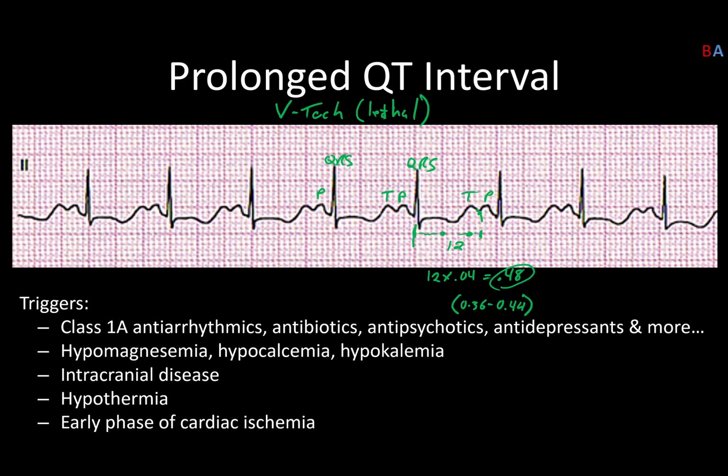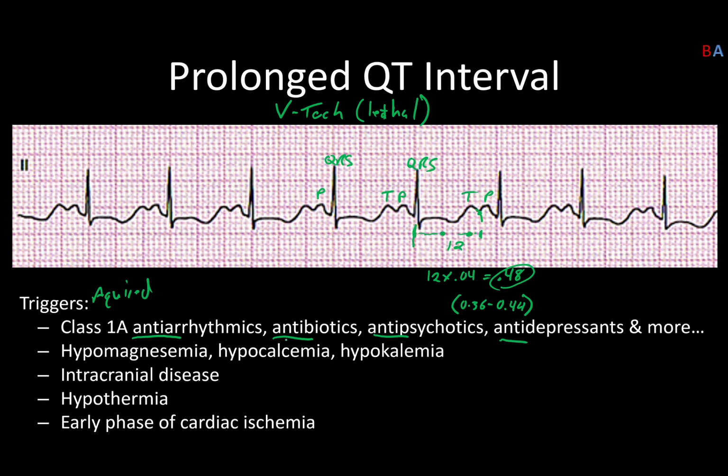And what's really interesting is some people congenitally have this problem, but in most cases it's actually an acquired problem. And believe it or not, it's mostly our fault. Patients who are receiving antiarrhythmics are at increased risk. If they're on antibiotics, increased risk, antipsychotics, antidepressants, all the antis are involved.